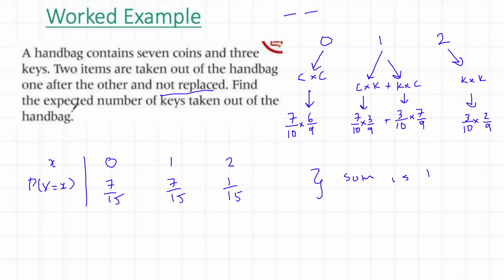And then it says find the expected number of keys taken out of the bag. So the expected number, capital X, would be multiplying these together and then adding them up.